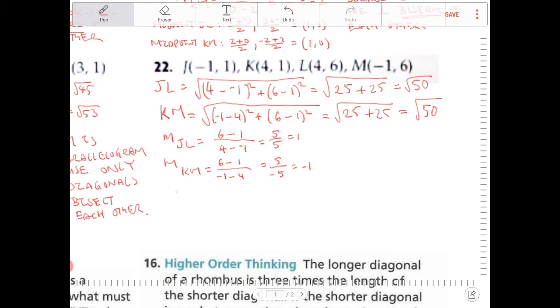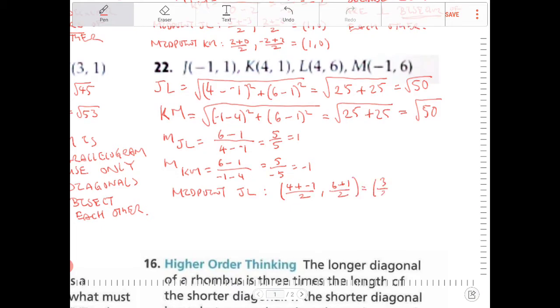And then we've got to do the midpoint of JL. So the midpoint of JL would be 4 plus negative 1 over 2, and 6 plus 1 over 2. And that would be 3 over 2, comma, 7 over 2.